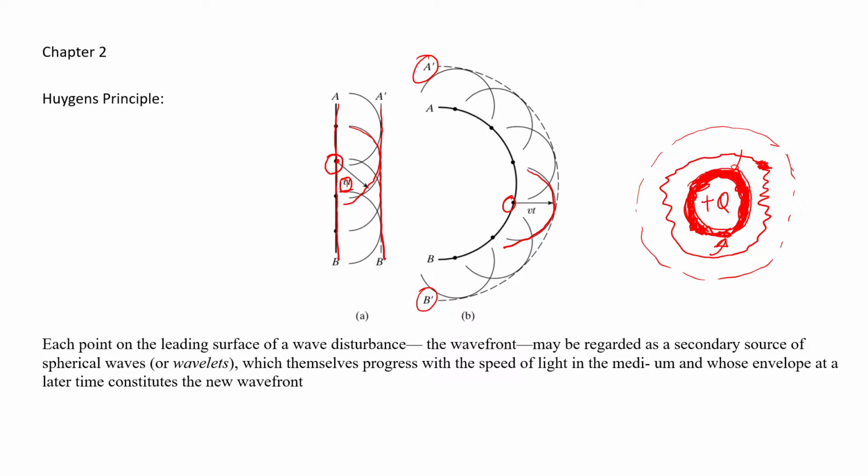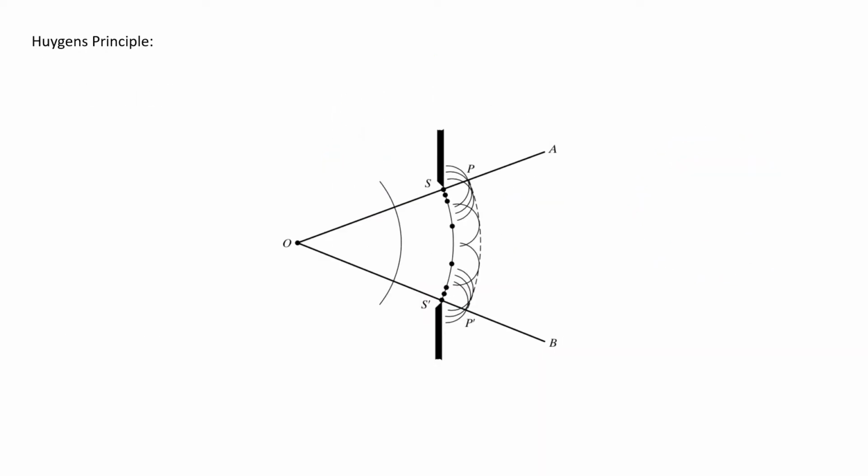But everything is not great with Huygens principle because it ignores diffraction, for example. So if you place a slit, then a ray of light comes from a light source O, and this is a spherical wavefront. It propagates all the way up to the slit SS prime, but once it reaches SS prime, if you draw the secondary wavelets from the wavefront at SS prime, you see that this point at the top or this point at the bottom would inevitably produce wavelets that are beyond point P here.